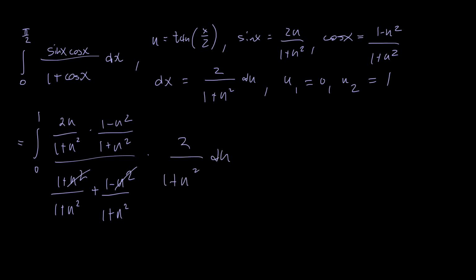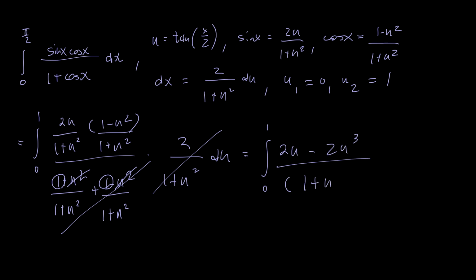These u squareds cancel, and this 1 plus 1 is 2, but this matches this 2, so this entire thing will end up canceling. So we have the integral from 0 to 1 of, distributing these u's here, we have a 2u minus 2u cubed divided by 1 plus u squared du.